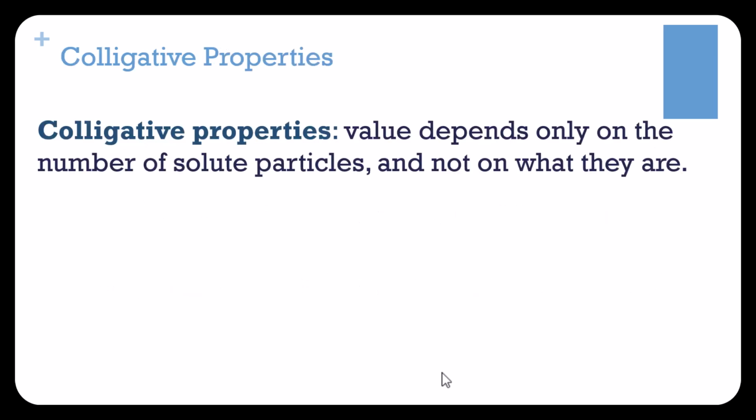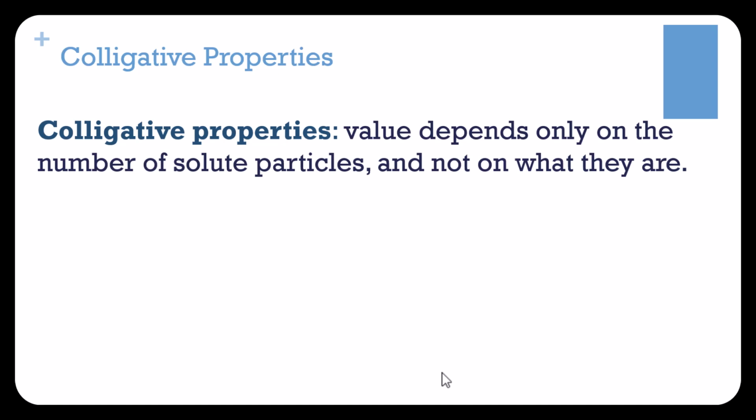Colligative properties are values that depend only on the number of solute particles dissolved in solution, not necessarily what those solute particles are. Up until this point, we've been talking all about solutions in chapter 11, and we're going to continue with that.